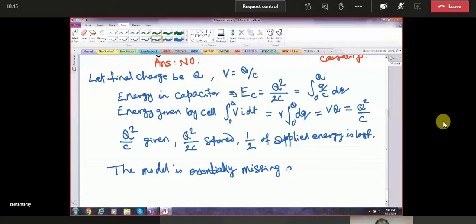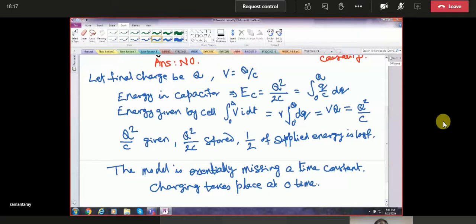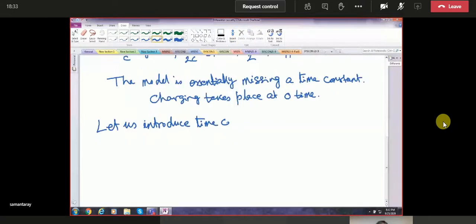So how to solve? Let us introduce a time constant. These are missing dynamics.